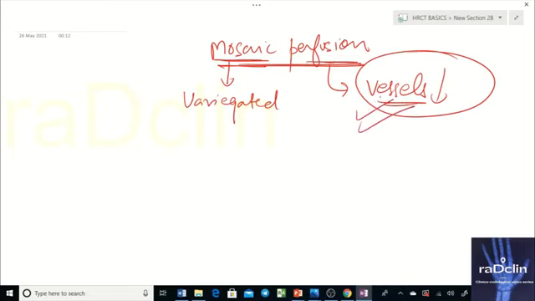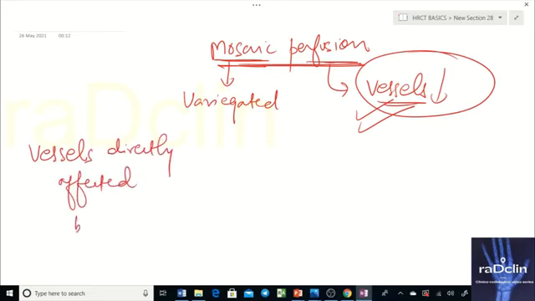But another thing that could happen is if the pathology is affecting the vessels directly. Now, in what pathology do we have vessels getting directly affected? Very simple, vasculitis.